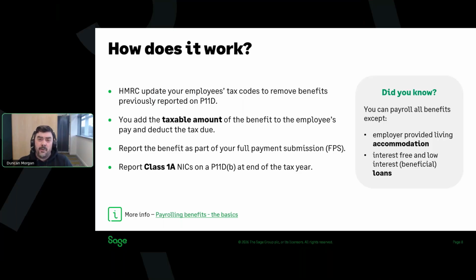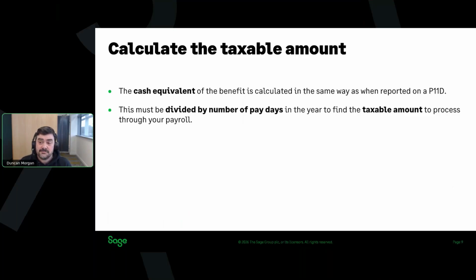So I wanted to give you a couple of simple examples on calculating the taxable amount. The annual cash equivalent of the benefit you provide is calculated in exactly the same way you would do when including it on a P11D. But the difference is, when you're doing a P11D, you're looking at information that you already have, so it's a tax year that's already ended, whereas when you're payrolling your benefits, there may be scenarios where you don't actually know the full cash equivalent value.